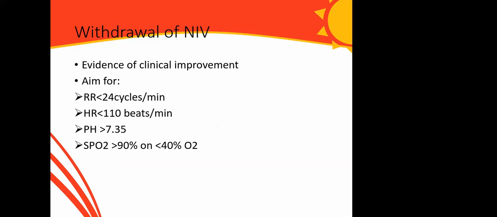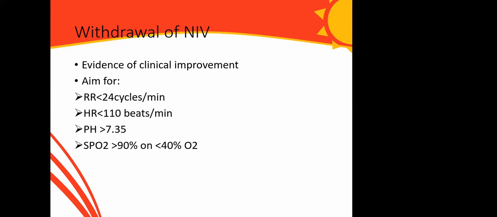All right. It's not all bad. Sometimes you're able to achieve some clinical improvement, and this is evidenced by a reduction in your respiratory rate, when you now have a stable respiratory rate less than 24 cycles per minute, heart rate less than 110 per minute, pH lifted from the acidotic range to 7.35, and you can get an SpO2 of greater than 90% on 0.4 FiO2 of oxygen, especially for COPD patients and congestive cardiac failure patients.